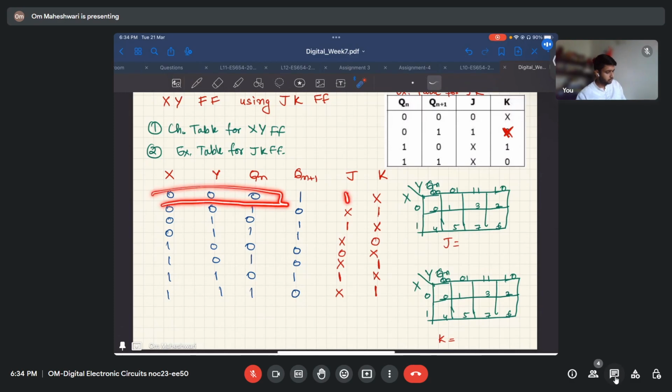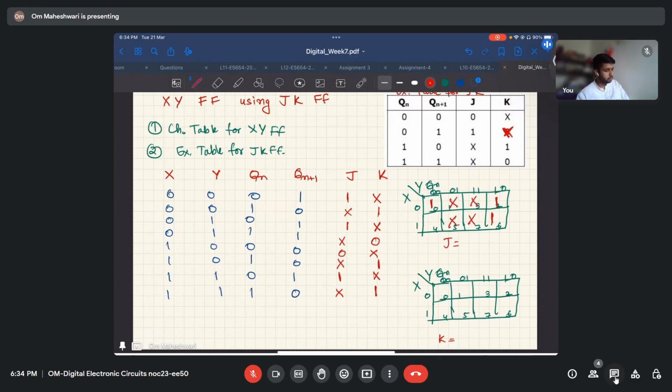000, we have 1. 001, we have cross. 010, we have 1. 011, we have cross. 100 is not there. 101 is cross. 110 is 1. 111 is cross.